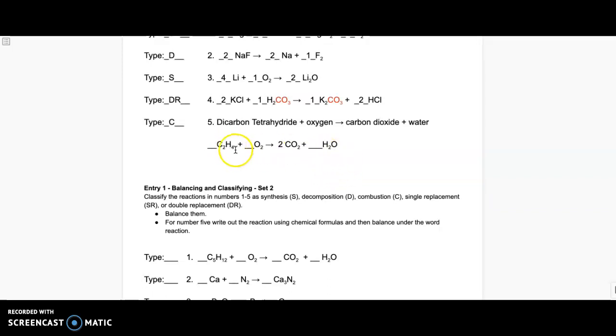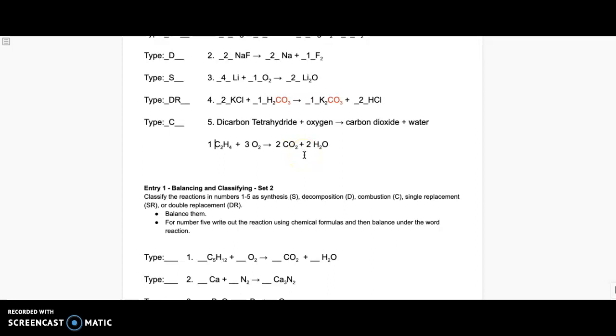Then I'm going to need 4 H's, so I got to come over here and put 2 there to give me 4 H's. Now I want to add up all of my O's on this side. So I get 2 times 2 is 4 O's. Then 2 times 1 gives me 2 O's. So 4 plus 2 gives me a total of 6 oxygens. So on this side I need 3. And then this is going to be a 1 or blank.